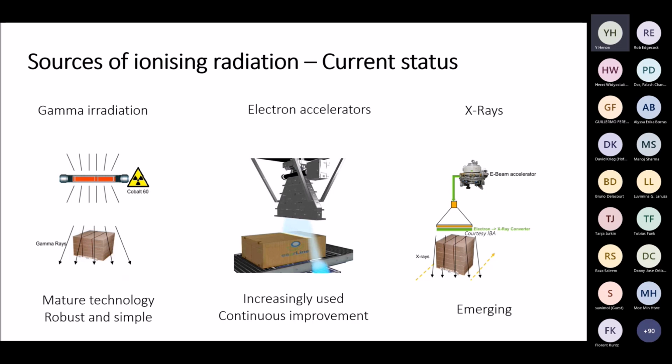Accelerators have become much more reliable than they were in the past, and manufacturers have gone through considerable efforts, and we must pay tribute to them, for making them a lot more simple and user-friendly than they used to be. So as opposed to the field of gamma irradiators, the field of accelerator manufacturing is very innovative. There is a lot of change, and definitely continuous improvement is at work in this field.